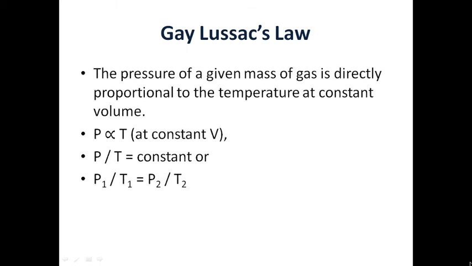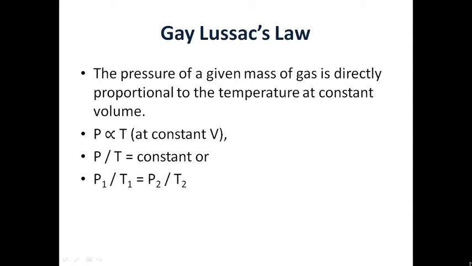Now the next law is Gay-Lussac's law, and this law is at constant volume, just like constant temperature in Boyle's law, constant pressure in Charles' law. We have constant volume here, and the statement is: the pressure of a given mass of a gas is directly proportional to the temperature at constant volume. So if we are increasing the temperature, that will increase the pressure of a gas.